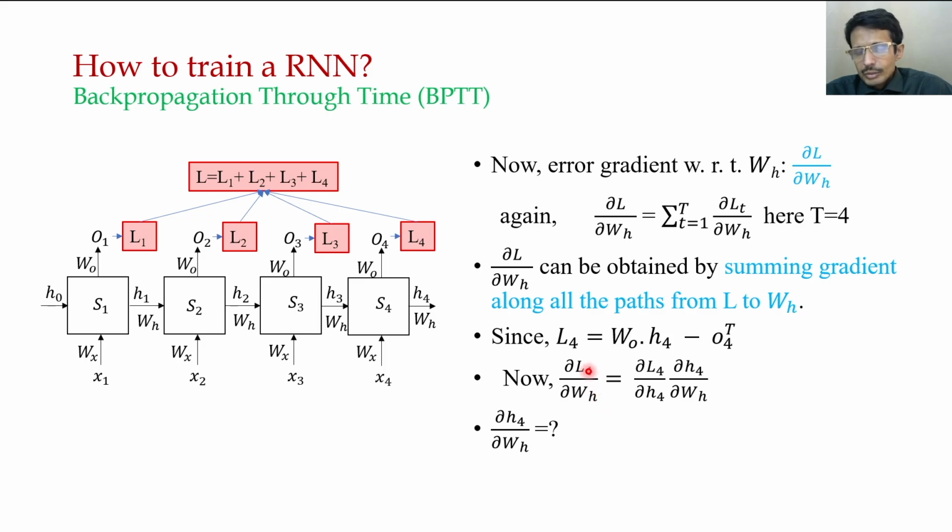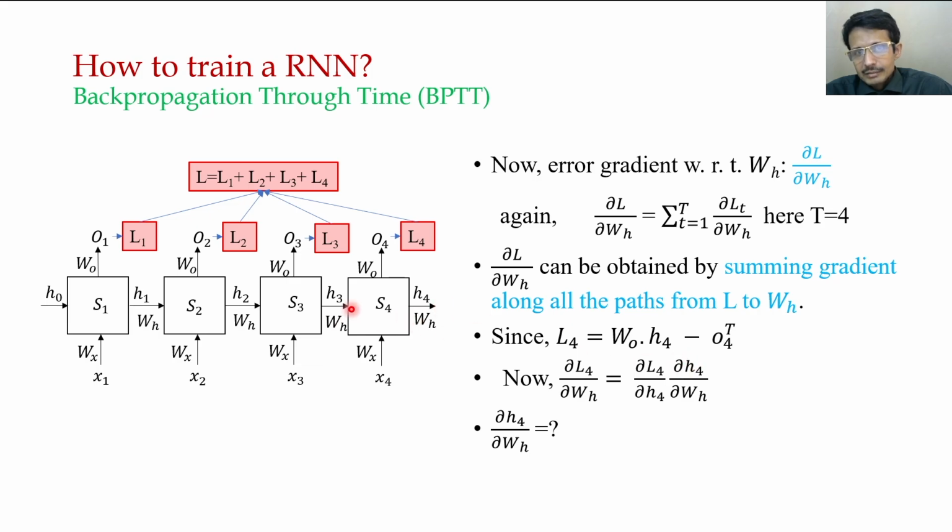Okay. So using this chain rule, we can write del L4 by del H4 and del H4 by del WH. Now the major thing is coming here. This H4 is a kind of state variable that goes to the next state.